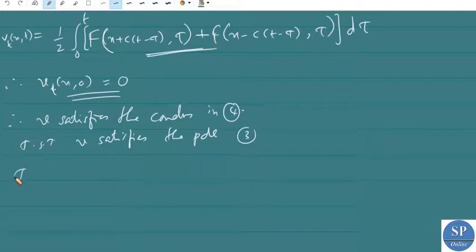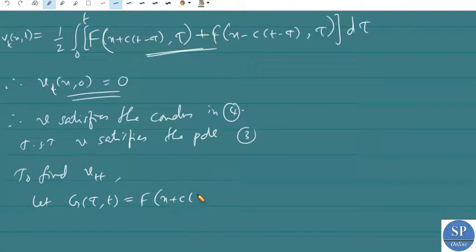So to find V_t, we can denote this as G. Let G(τ, t) be equal to this function, that is f(x + c(t − τ), τ) + f(x − c(t − τ), τ).